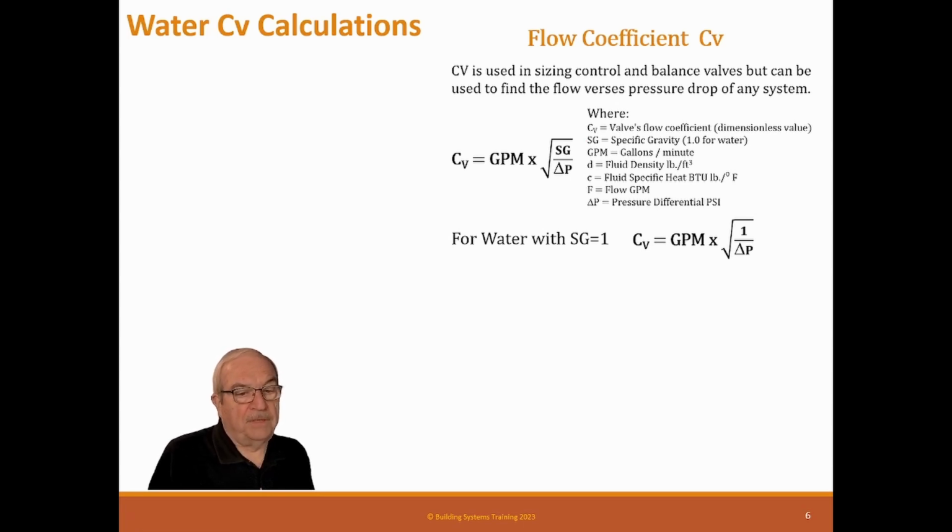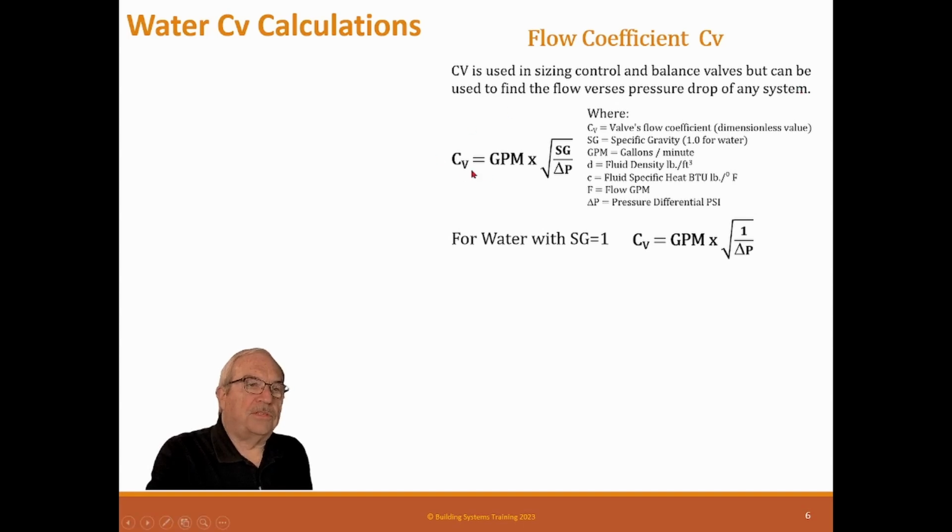So if you have a valve, the CV tells you how much GPM it will flow at 1 psi pressure drop. We use that to establish a criteria for the valve. When you do it at different flows, you can tell what the pressure drop will be at different flows.